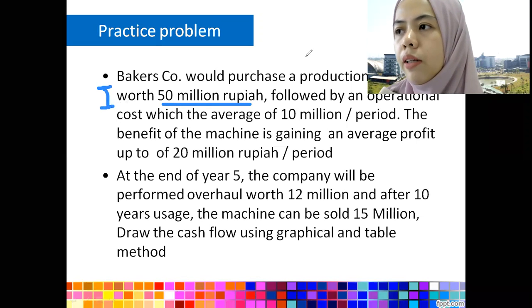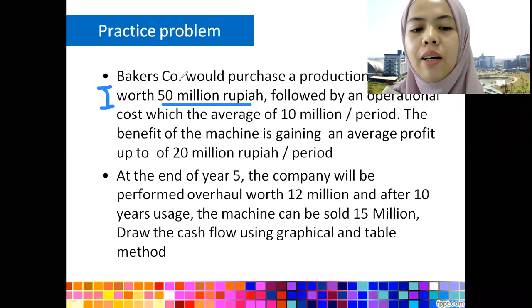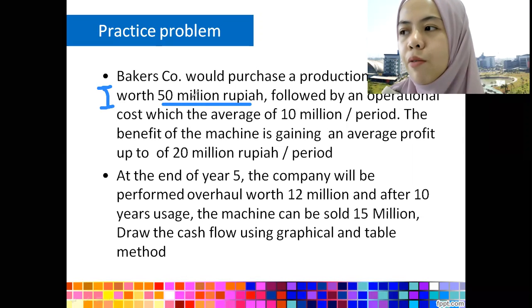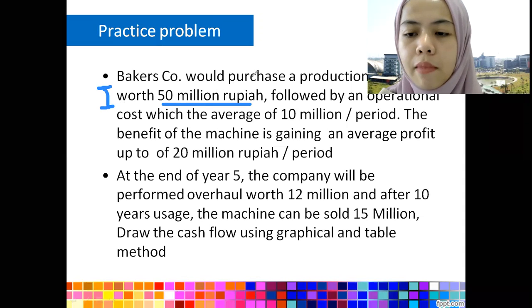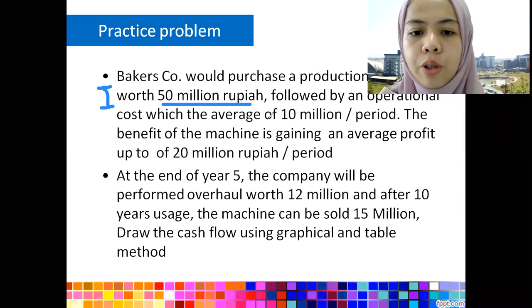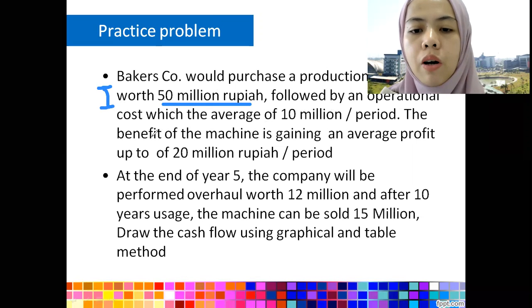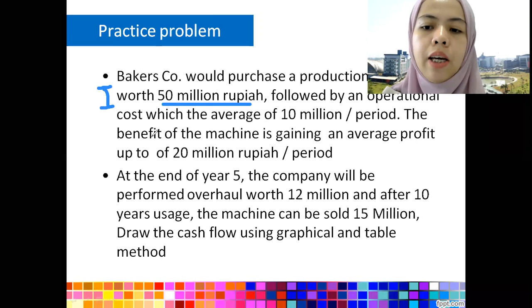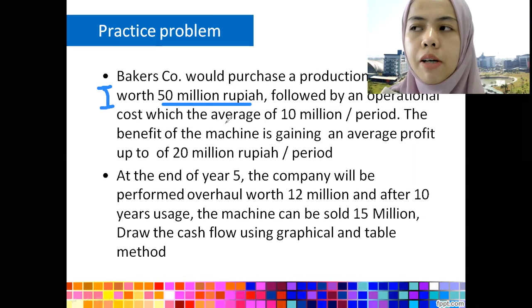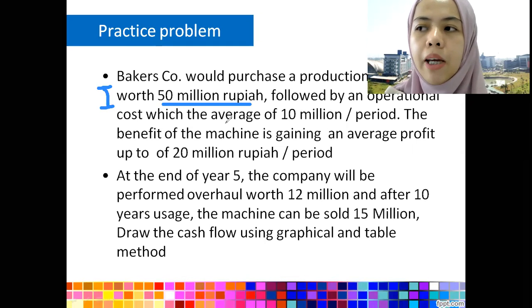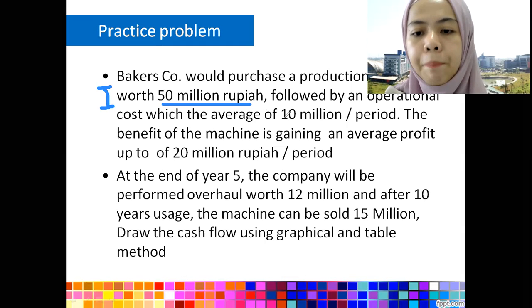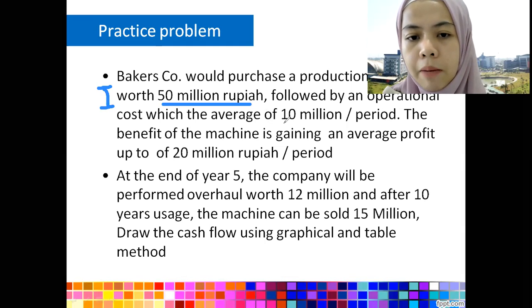We can put a code, an I, to represent the investment. And followed by an operational cost of 10 million. It's just like a regular cost paid in a certain period, a regular cost of 10 million.